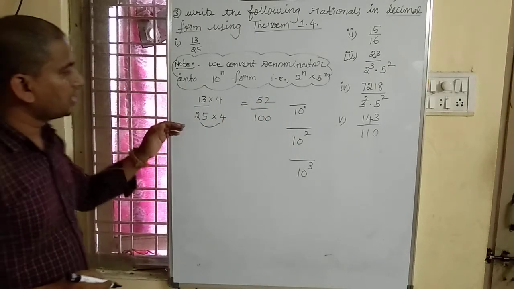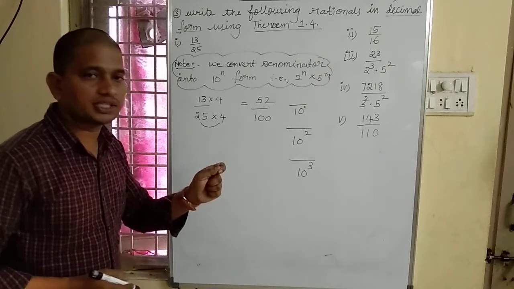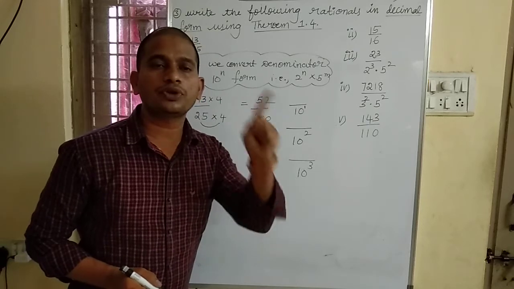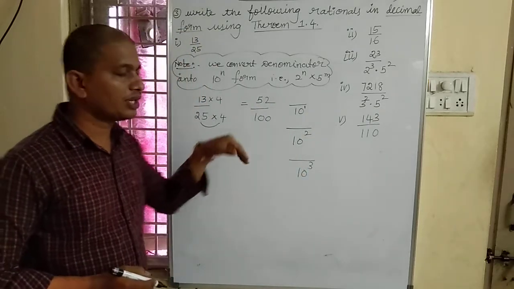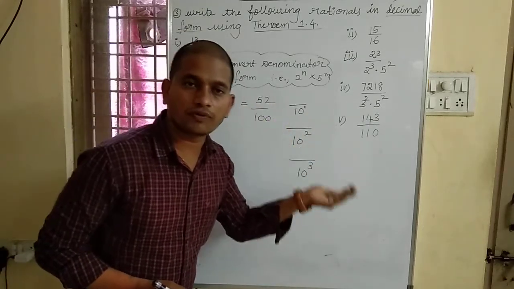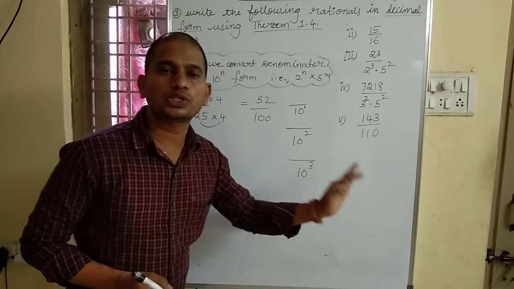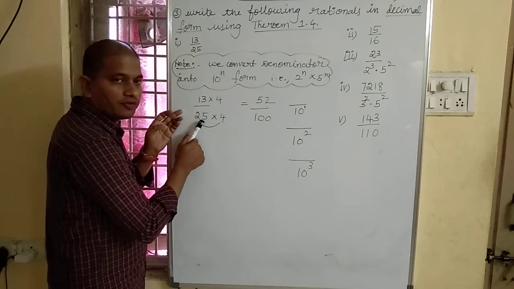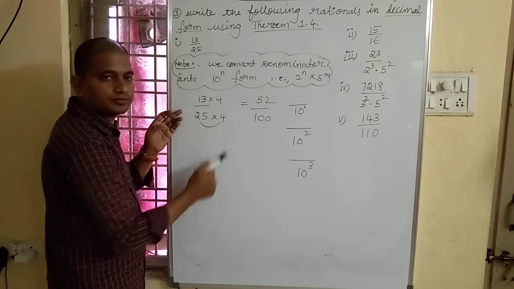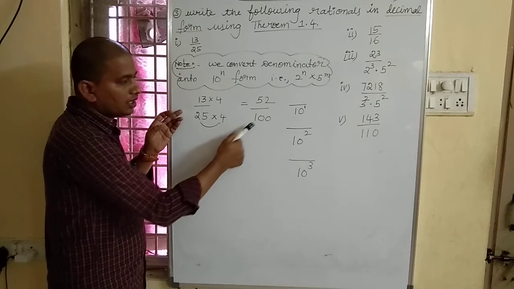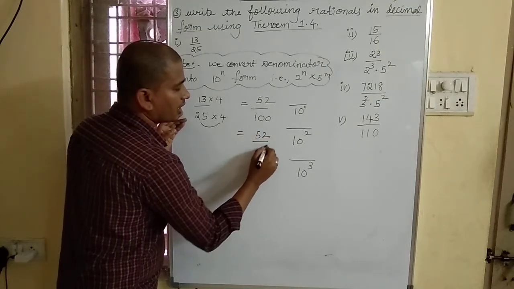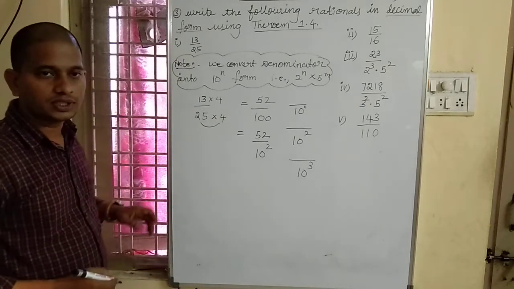Students, see here, we have to convert the denominator into the form of 10 to the power n, I mean 10 to the power of 1 or 10 to the power of 2 or 10 to the power of 3 and so on. If I multiply 25 into 4, I will get 100. This 100 I can write as 10 to the power of 2, 10 square. Yes or no?